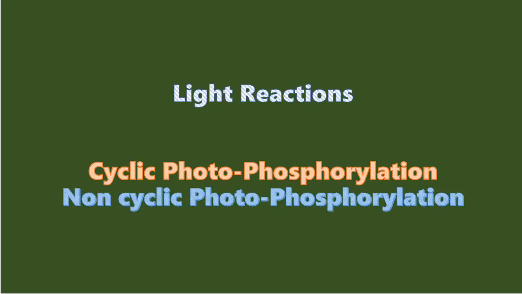Plants, by performing these light reactions, produce the energy which is needed for the carboxylation process. This carbon dioxide reduction or carboxylation process is part of the dark reactions.